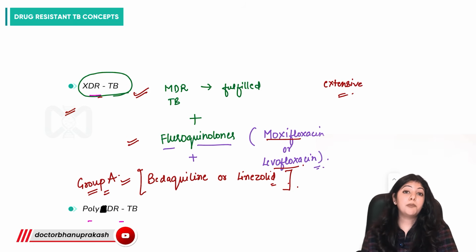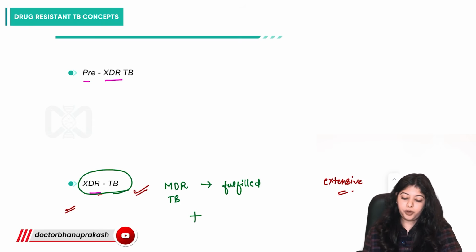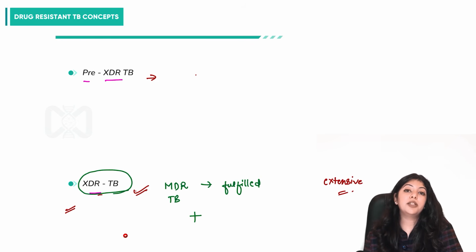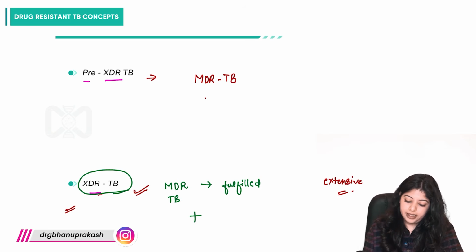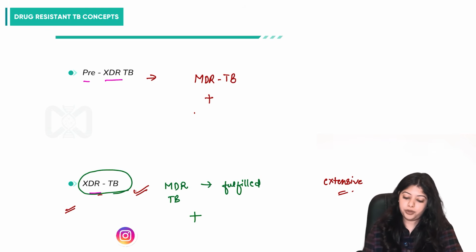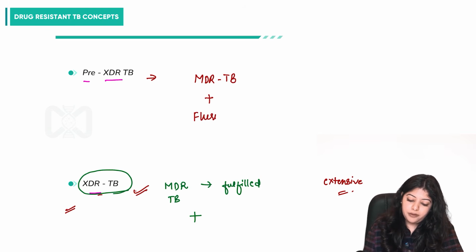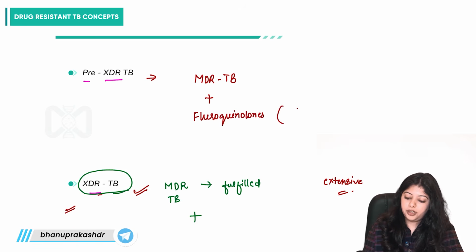Now let's see what pre-XDR means. For pre-XDR, the same definition goes: TB caused by MTB strains which are fulfilling the MDR-TB definition. MDR-TB is going to be there, and along with that, there is going to be resistance to only fluoroquinolones, which can include either moxi or levo.